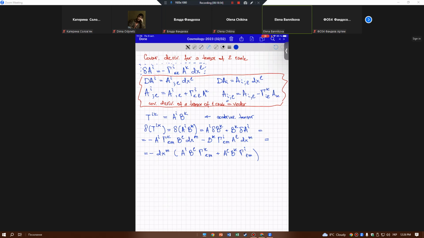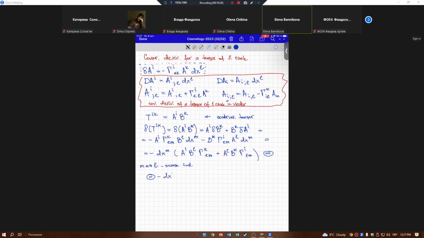I can do it because I will change only summation indexes. Since m and l are summation indexes, I can freely change them, but everywhere it will be the same.